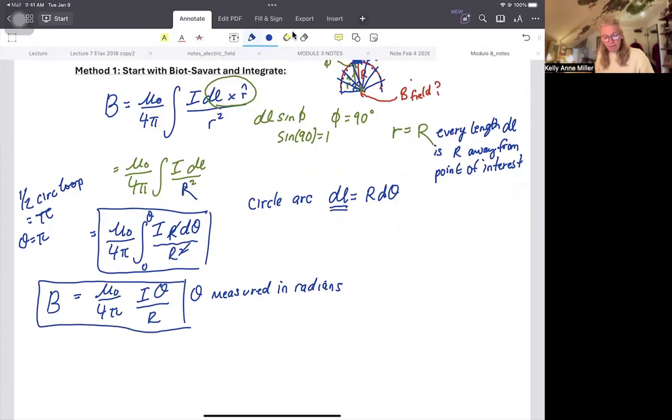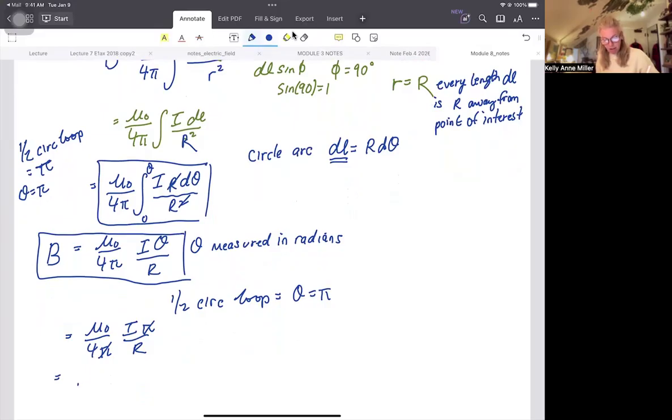And if I'm interested in the half circle, which is what I've been asked for, then theta equals pi, as I just said. So this is just going to be mu naught over 4 pi times I pi over R. That pi cancels with that pi, and I'm left with mu naught I over 4R.